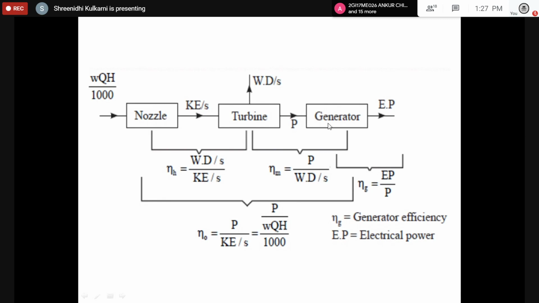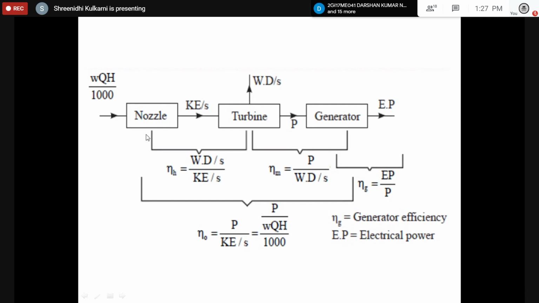Shaft power, we have P. And what is the power developed by the runner? The power developed by the runner is the work done per second. So it gives the mechanical efficiency.